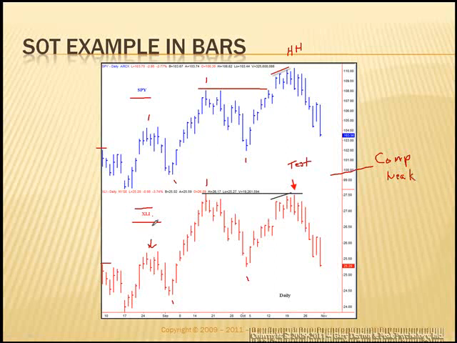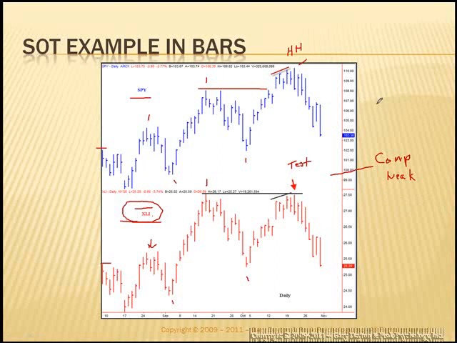XLI is comparatively weak to SPY, right? We also see shortening of the thrust in the price bars on SPY and on XLI. So if we were inclined to go short, this is the stock we want to short, okay?